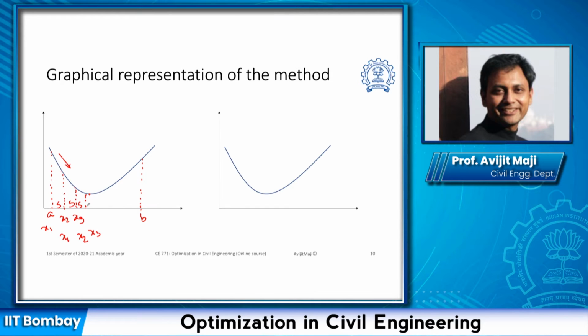Again we compare the function values here, and if we see it is reducing, we replace x2 as the new x1, x3 as the new x2, and this could be my new x3.